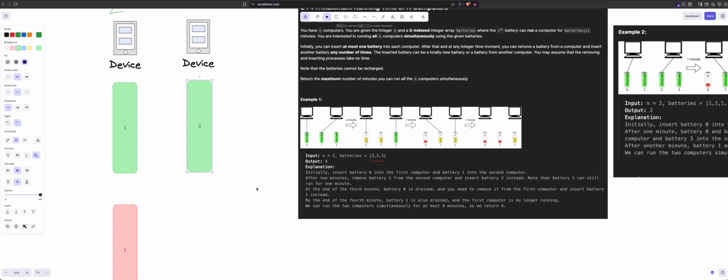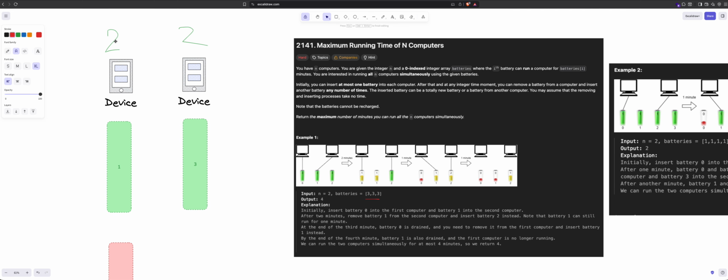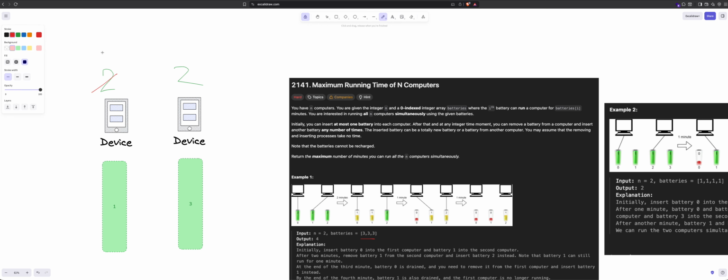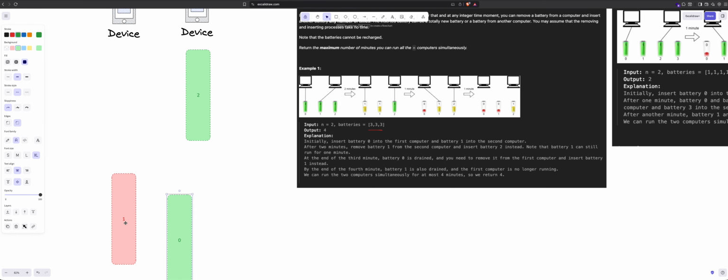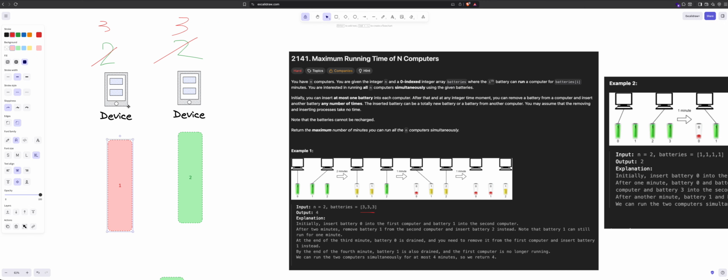So at the end of the 3rd minute, battery 0, which is here, drains. So this became 3, let's update this. This also became 3, and then this one became 2, and this became 0. At the time we swap this battery with this one, this will become 4.